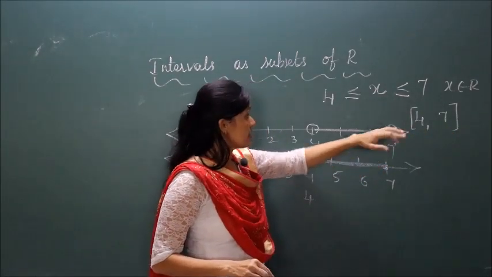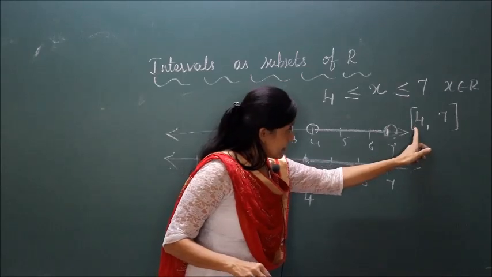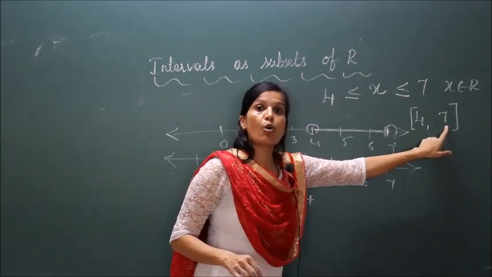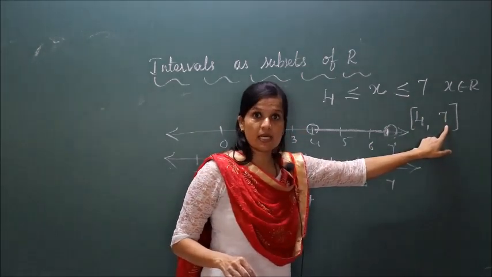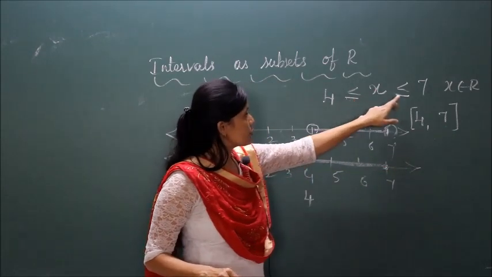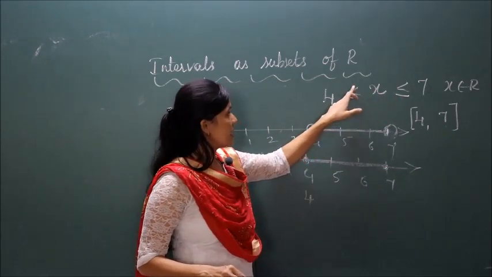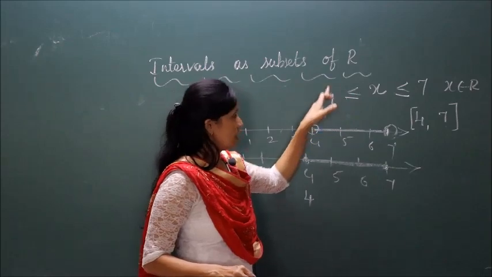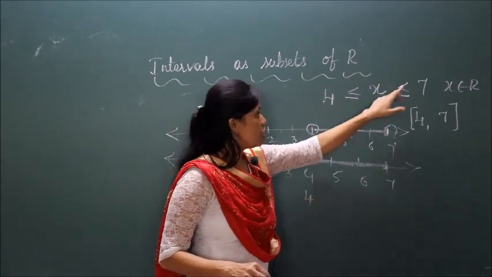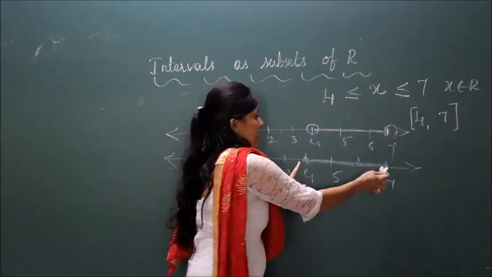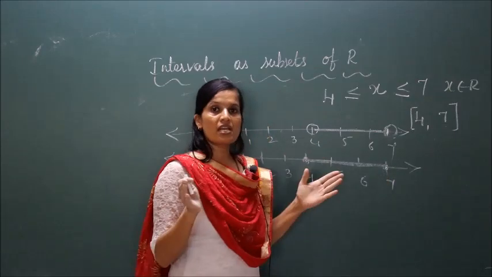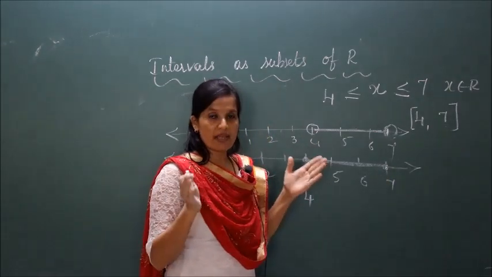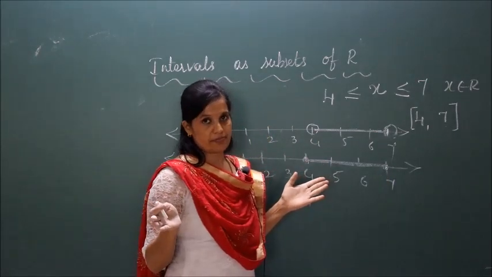The meaning is the extreme numbers are also present in the set. See here, the equal to sign is there. The boundary numbers are also there in the set.